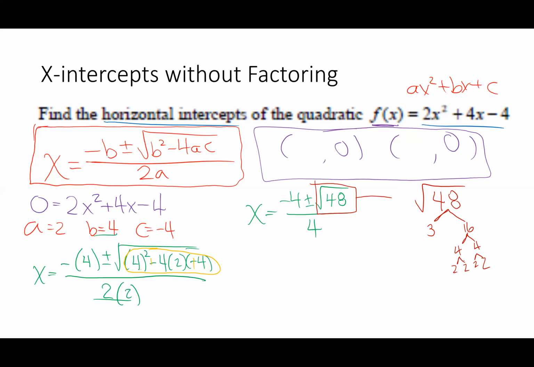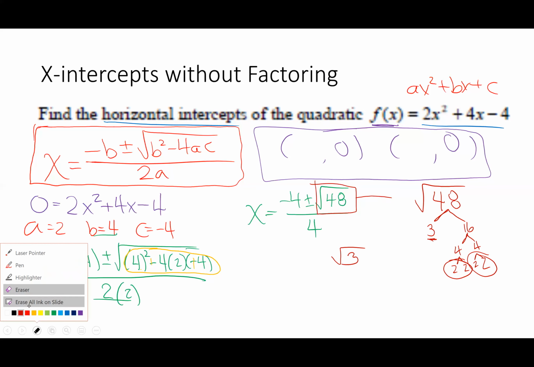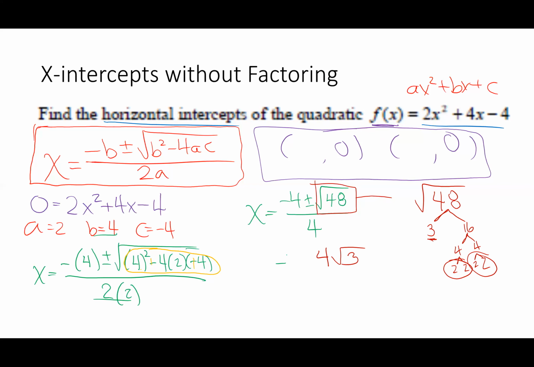And I'm going to look for pairs. So I see that there's a pair of 2s. So that guy goes out front of the radical. And then here's another pair of 2s. So there's another 2 outside of the radical. It's multiplying. And the 3's left over, so that's under the radical. 2 times 2 is 4. And then I've got my negative 4 plus or minus 4 square root of 3 over 4.